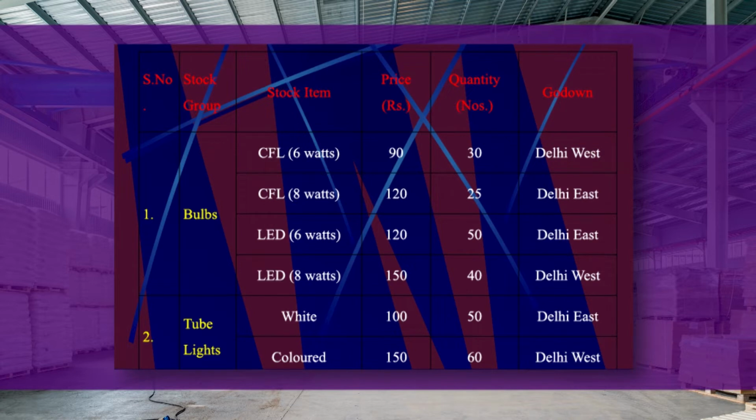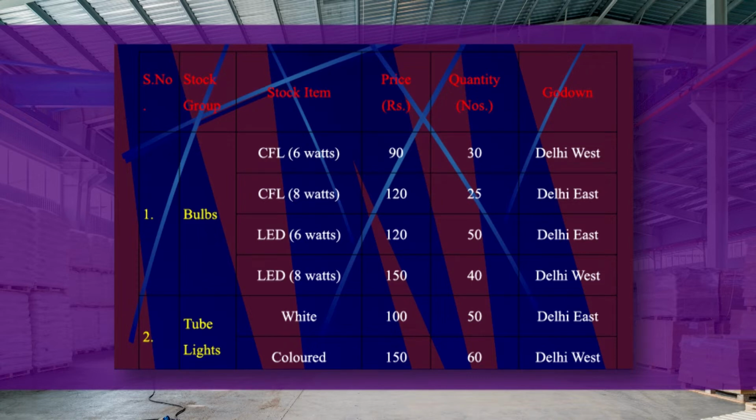These are stored at Delhi West for 6 watt CFL bulbs and Delhi East for CFL 8 watt bulb. Similarly, you can see that LED 6 watt bulb is of 150 rupees each, whereas quantity is 40 and it is stored at Delhi West.